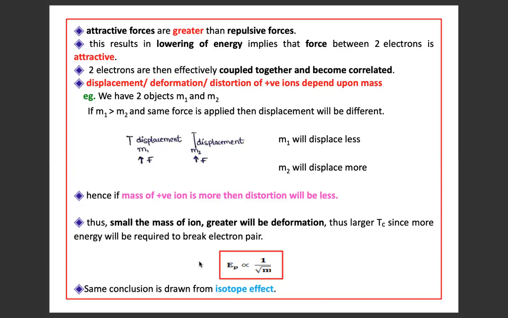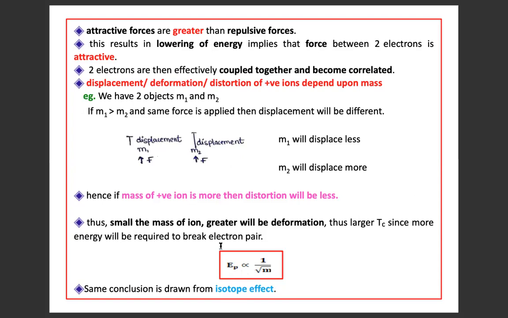So the isotope effect was able to explain that lattice vibrations are involved in the phenomenon of superconductivity, but how these lattice vibrations are involved could not be explained by the isotope effect.